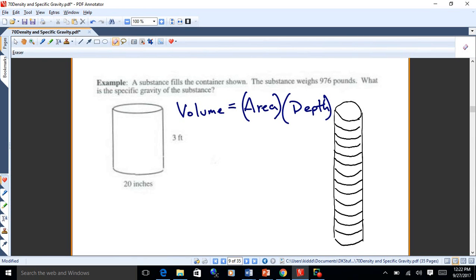Now be a little careful here. We have 20 inches, but that's not going to mix well with the feet, so you'll want to convert that into feet. You're also given a diameter, and I prefer to use radius because that way I can get the area of the circle, pi r squared and all that.